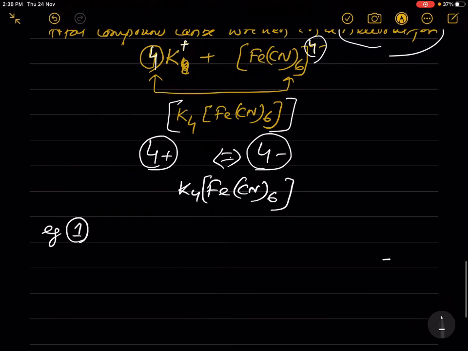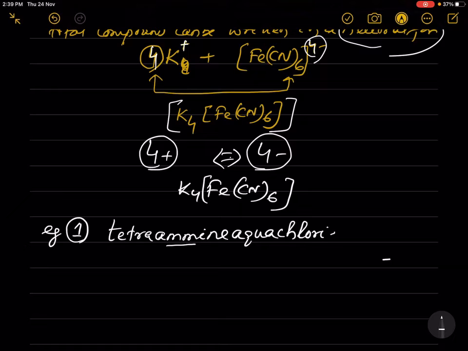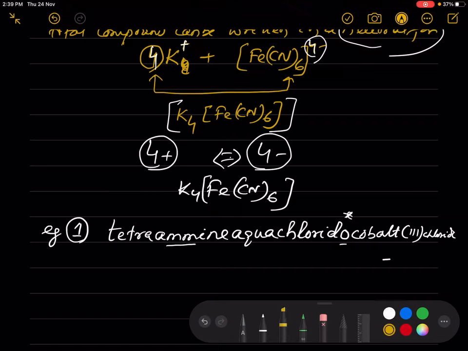Example 1: tetraamineaquachloridocobalt(III) chloride. Tetraammine, I have written double M over here, aqua, then chloride is written as chlorido, here E is replaced by O, then cobalt(III) chloride.